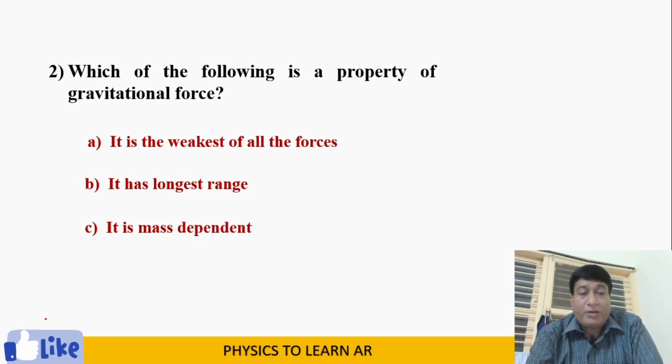It is mass dependent. And the last one is all the above. If you see all these 3 points, which we have studied as properties of gravitational force, the answer is all the above.